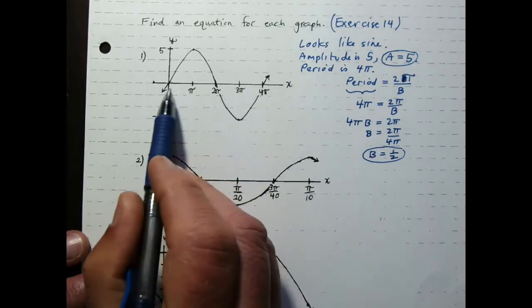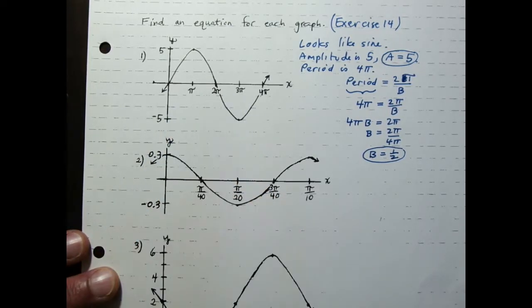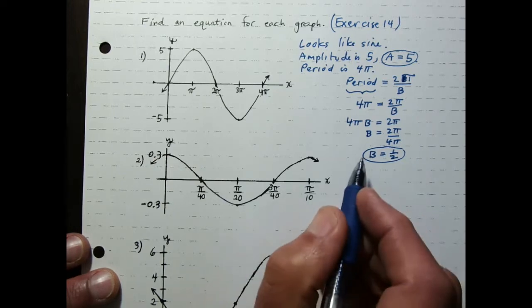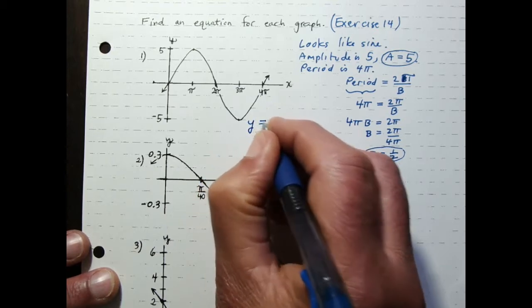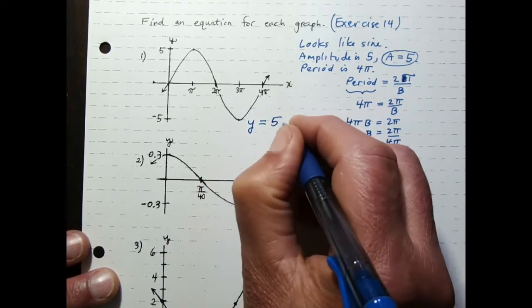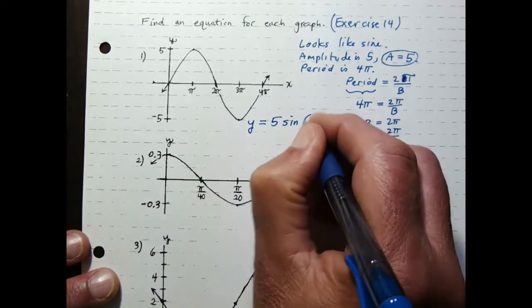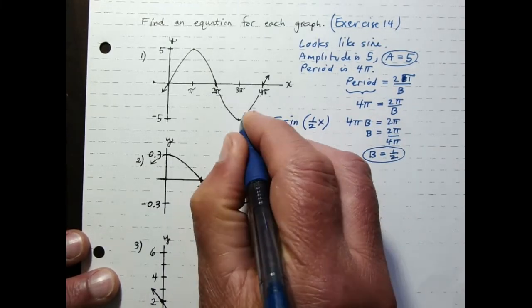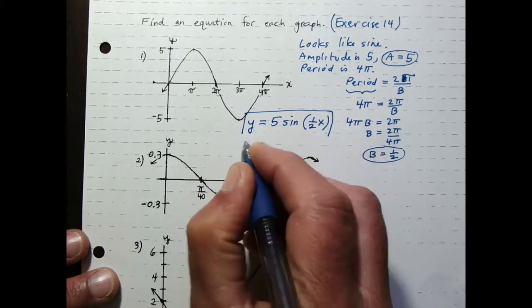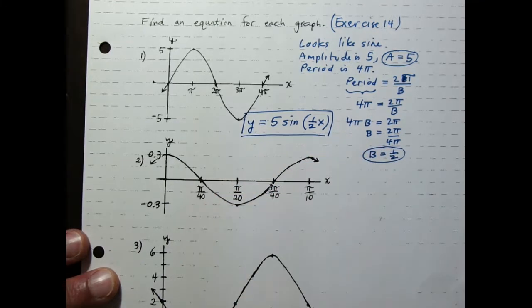There's no phase shift or vertical shift needed to get this graph. So all we have to do is plug a and b into the formula for a sine function. Y is equal to 5 sine of 1/2 times x. And there we got an equation for the graph in number one.